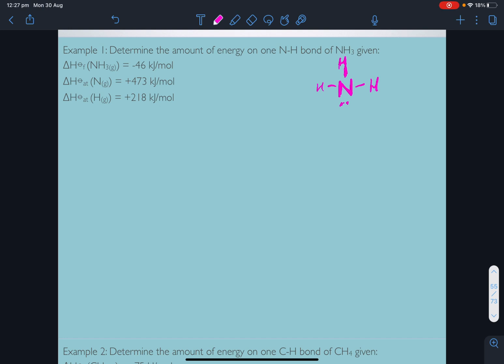So if we work out the total energy in those bonds, each is going to be 3 times the nitrogen-hydrogen bond, okay? So we're asking for energy of one of those bonds, so we're going to work out the total energy given the heat of atomization and heat of formation, and we're going to get the total energy and divide it by 3 to get 1 nitrogen-hydrogen bond, okay?